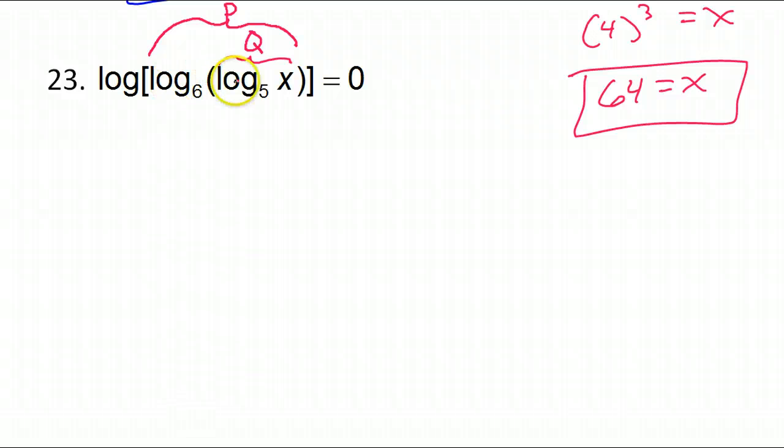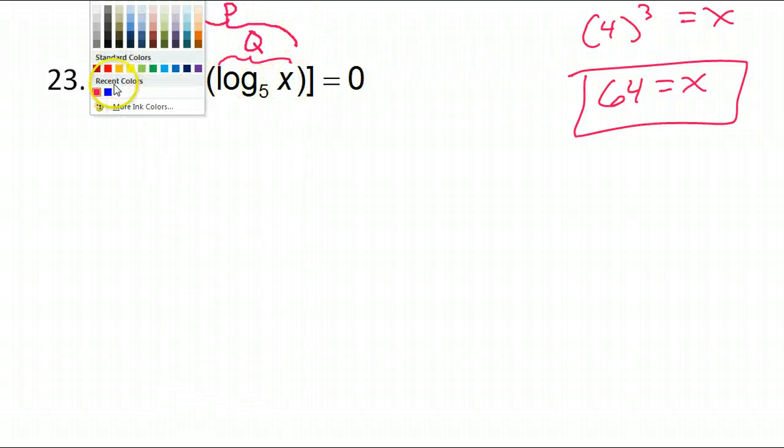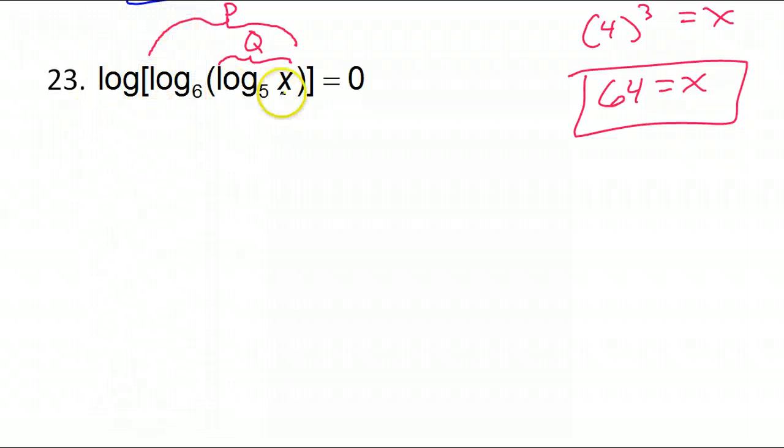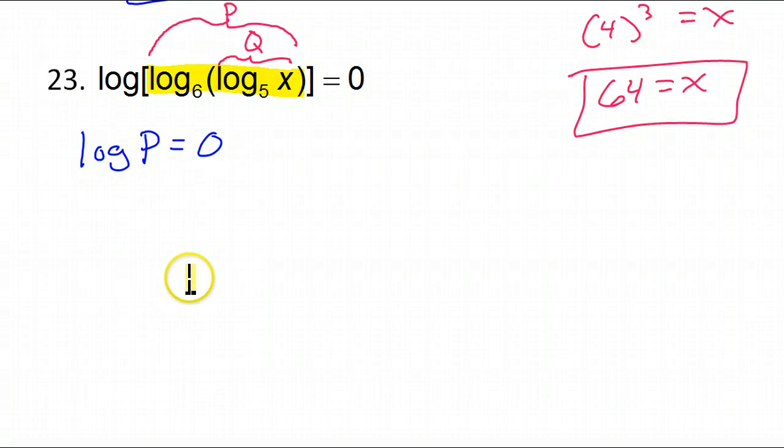So this entire thing is P, as I've indicated. So that means I could look at this entire equation as log P is equal to 0, okay? Because I'm starting off by calling all of this P. So log P is equal to 0. So let's start by finding out what P is.